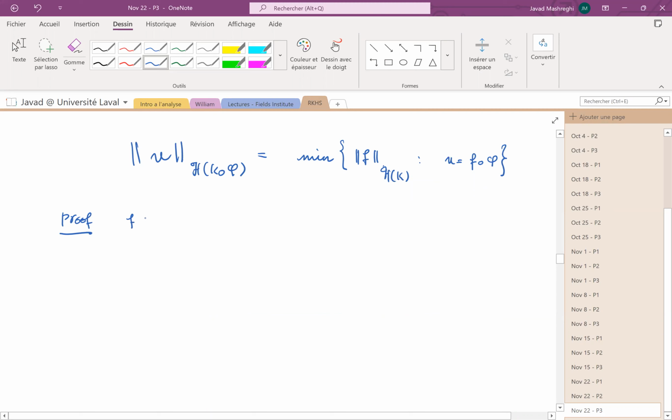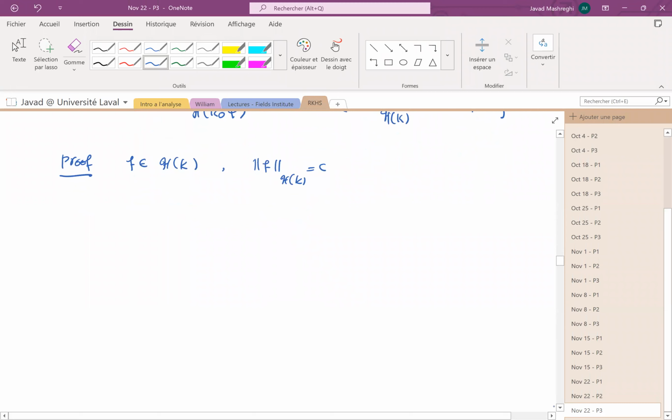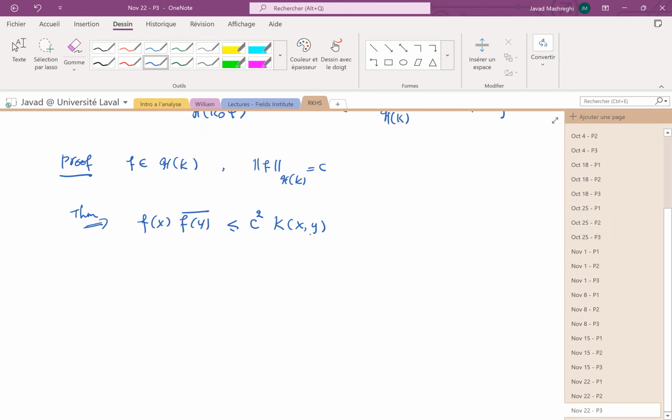So assume that F is in H of K. And for simplicity, write the norm of F in H_K by the constant C. By the famous theorem 3.1 that we saw several times today, F(x) times F(y) bar is controlled by C squared K(x, y). This is one side of the theorem.